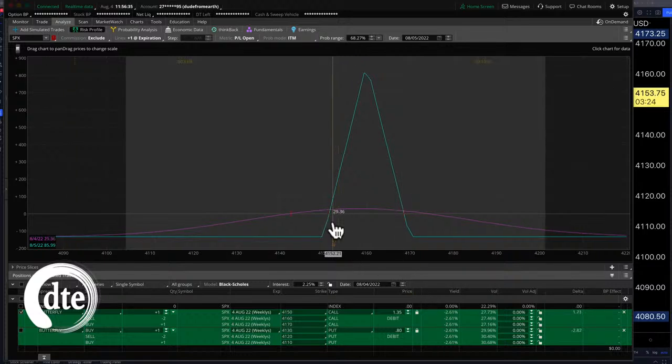Just a little bit, but it's in profit by about $30. If we closed right here, it would make about $130. I can see this price over here in the lower left. By placing my cursor right at that price, I can see where it intersects the cyan line, and on the lower left, it tells me what that profit would be at expiration, $163.60.